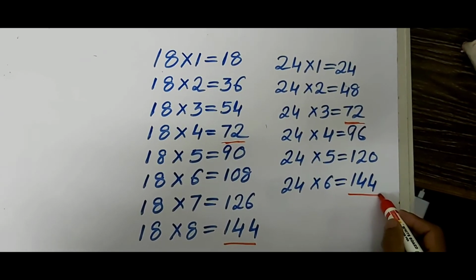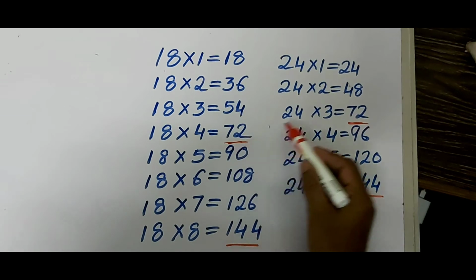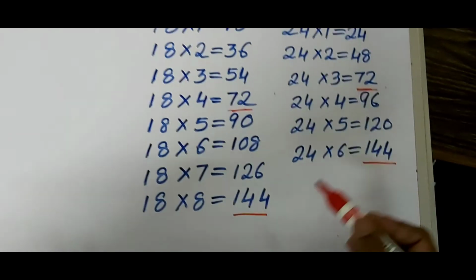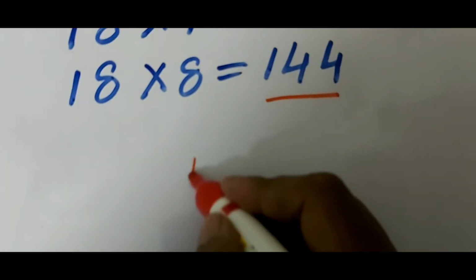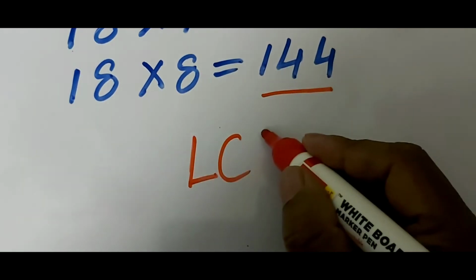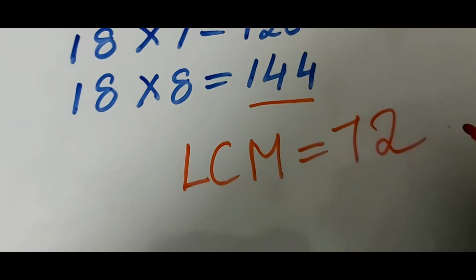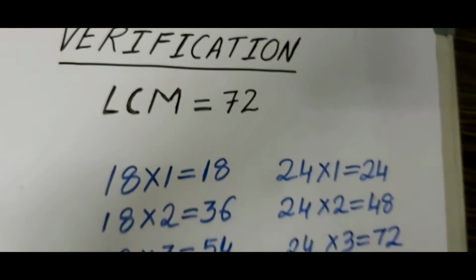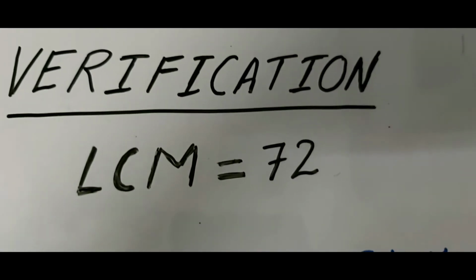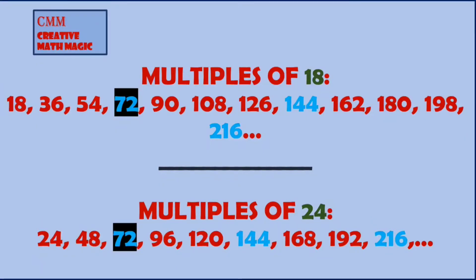The least common multiple is 72. So LCM is equal to 72, hence verified. You can notice here 72 is the least common multiple.